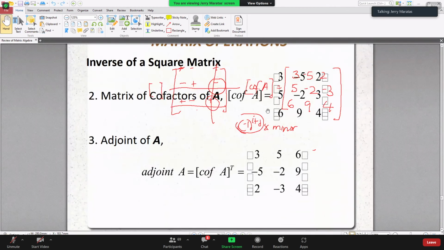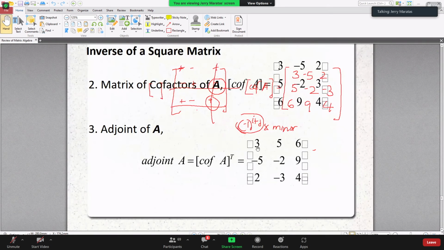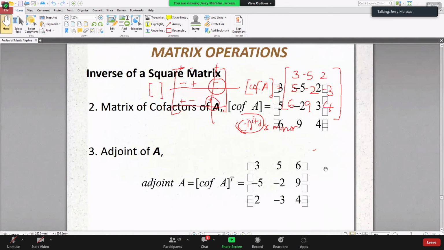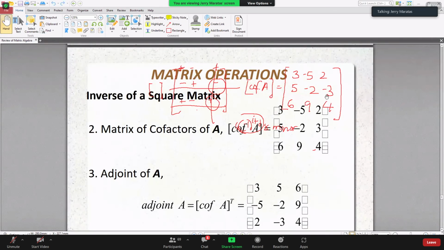So ang iyang adjoint should be the transpose. So ako lang ning i-change, no? Sakto ni, no? It should be negative 3. If you notice here, this is now the third column, 2, negative 3, 4, and becomes now the third row, no?